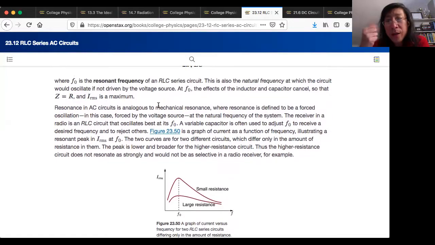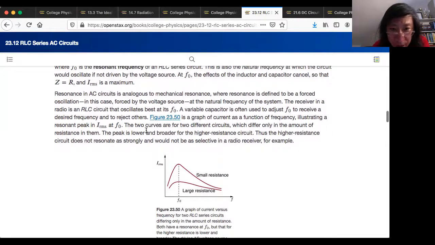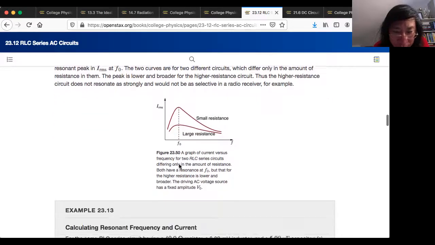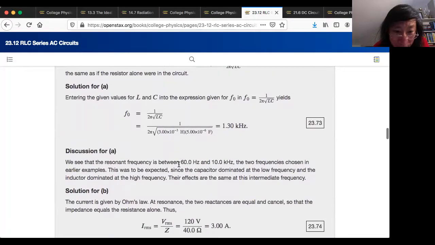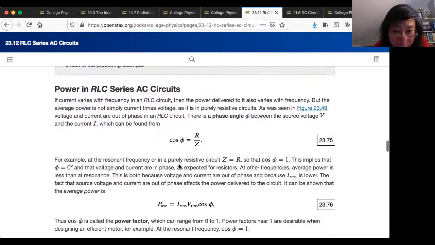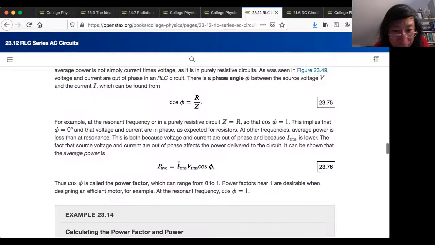There's a frequency that you tune to, and you make it a narrow band that allows you to get just that frequency, not too much lower, not too much higher, and then you get a stronger signal at that point. Getting the resonant frequency allows you to tune a radio or your walkie-talkies, or basically communicate. It's really neat.